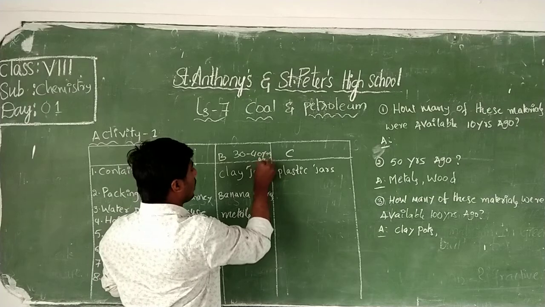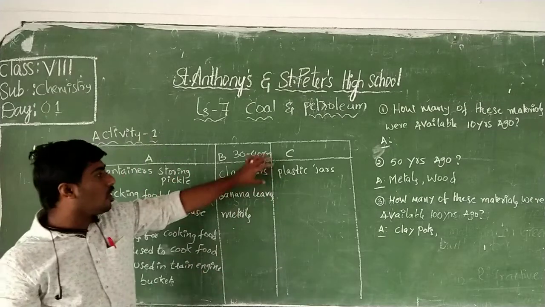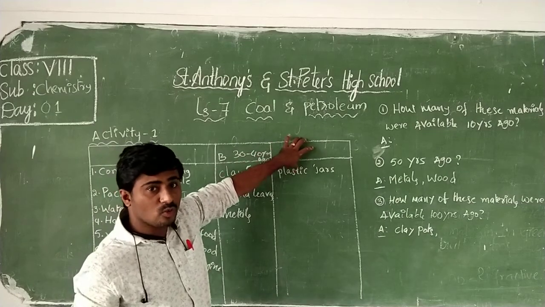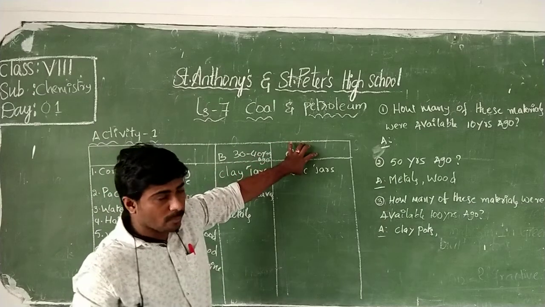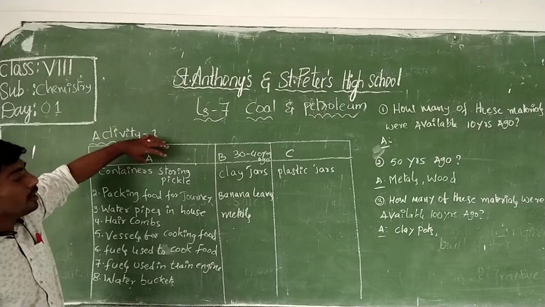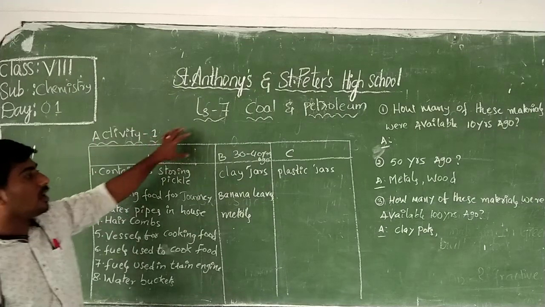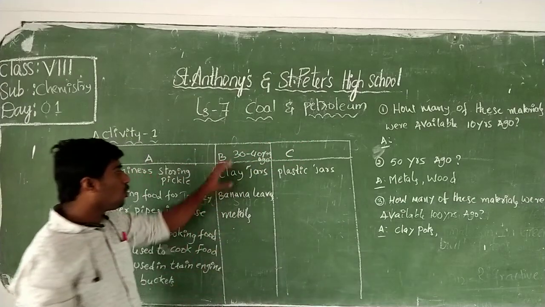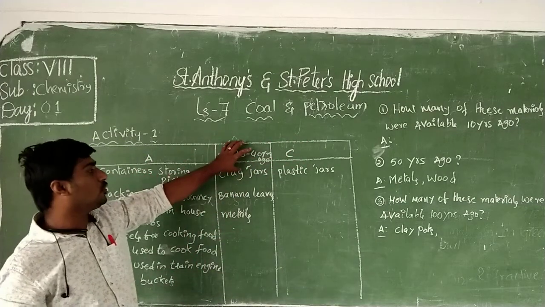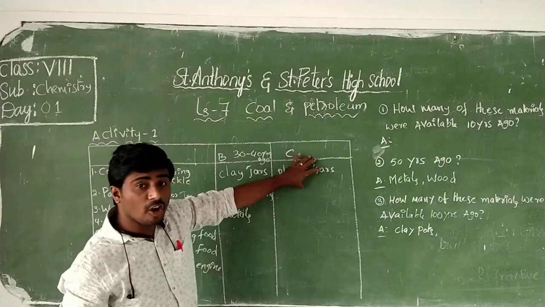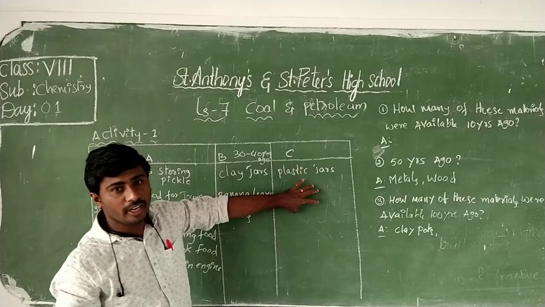Column C is the articles that we use nowadays. So column A is the name of the articles we use in previous days as well as nowadays. Column B shows what articles were used 30 to 40 years ago. Column C explains what articles we use in our time.